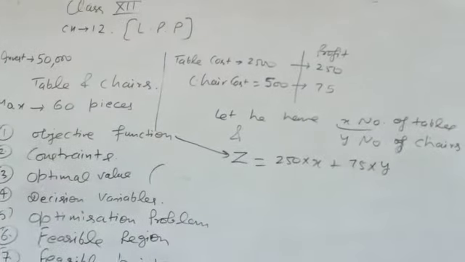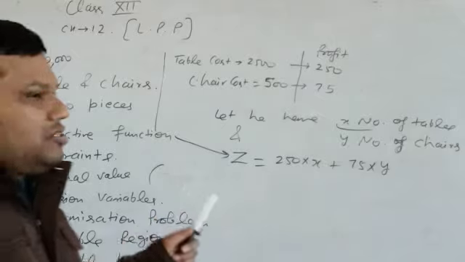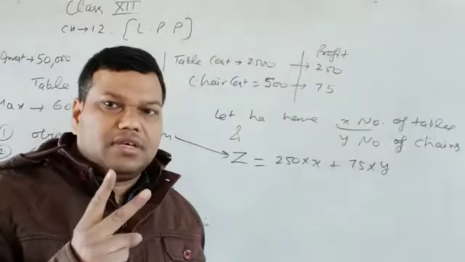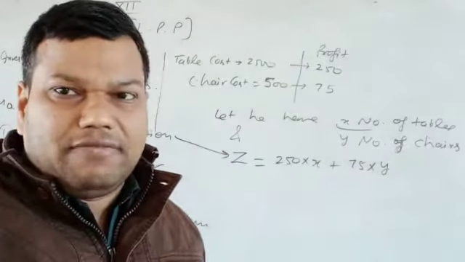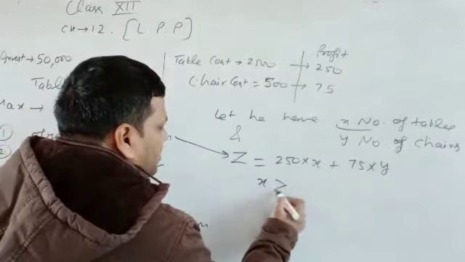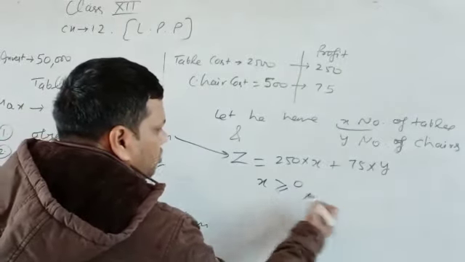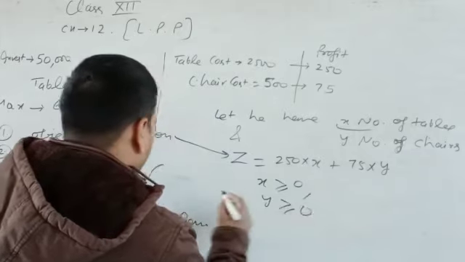Now the second one is constraints. What are constraints? These are of two types. The non-negative constraints: x is greater than or equal to 0 and y is greater than or equal to 0.